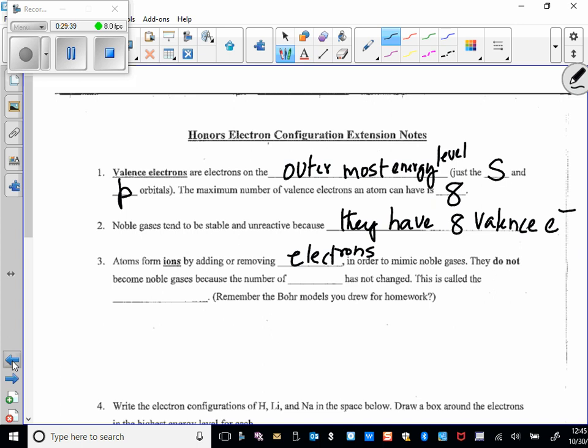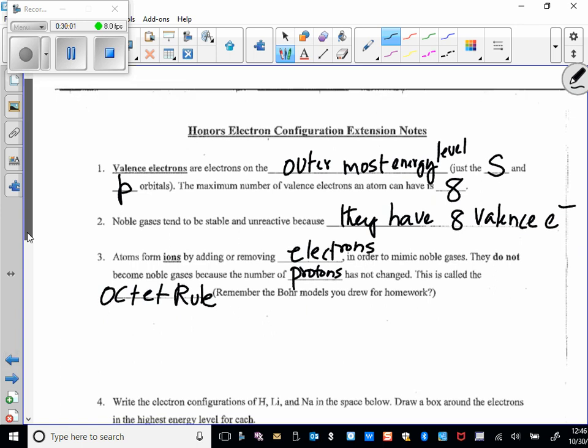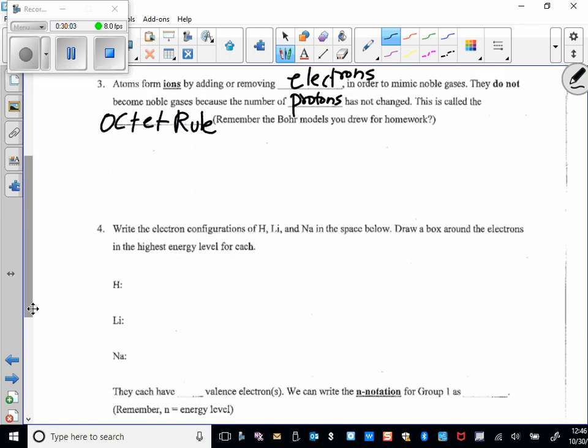They do not become noble gases because the number of protons has not changed. This is called the octet rule. Having 8 to become stable is called the octet rule. And we just drew the Bohr models. We didn't do it for homework.